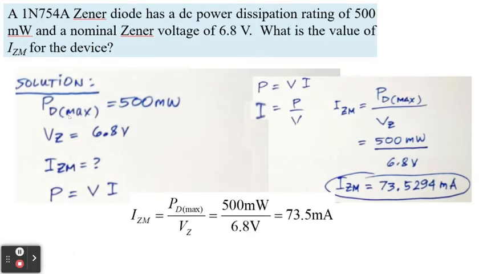To solve this problem, we can see that the PD max is 500 milliwatts and the VZ is 6.8 volts. So what is the IZM?